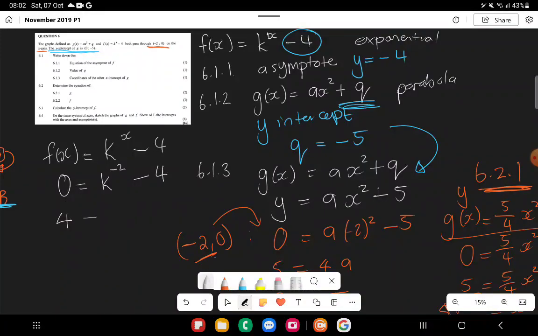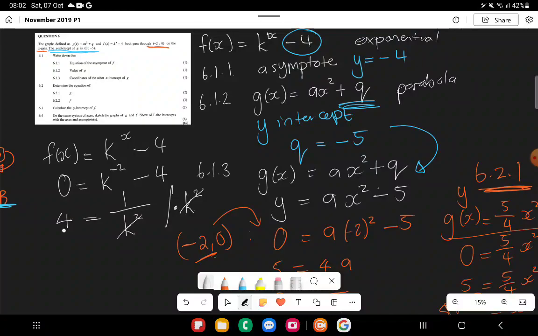So 4 is equal to 1 over k squared. Let's multiply both sides by k squared.